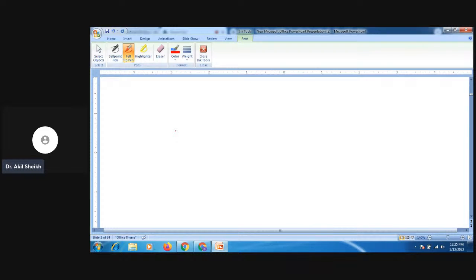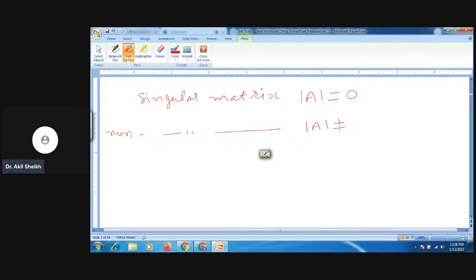An upper triangular matrix is a square matrix whose elements below the diagonal are zero. A singular matrix is one where the determinant of A equals zero. A non-singular matrix is one where the determinant of A is not equal to zero.